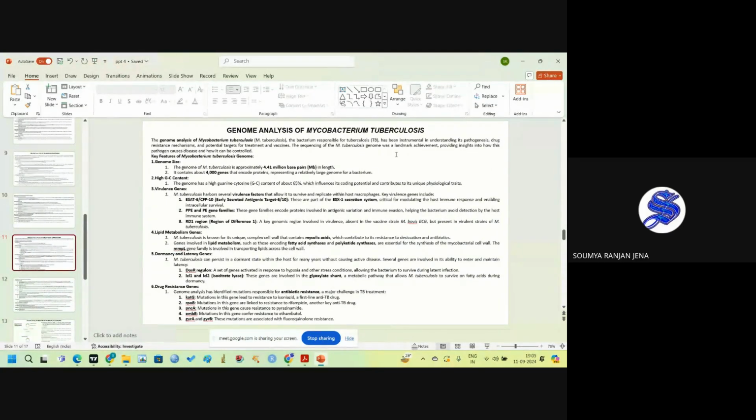The sequencing of the tuberculosis genome was a landmark achievement, providing insight into how the pathogen causes disease and how it can be controlled.